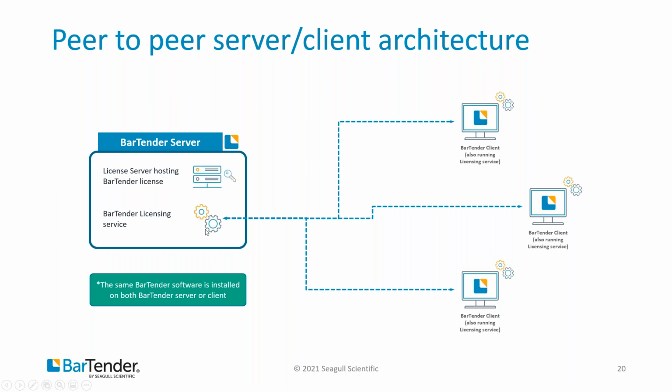So the license is located at this particular BarTender computer. The BarTender licensing service, which is also installed and running on every other BarTender installation, is communicating with the licensing service on the license server computer. So it's, in this sense, a peer-to-peer architecture, except the only difference is one is operating under the role of the license server.